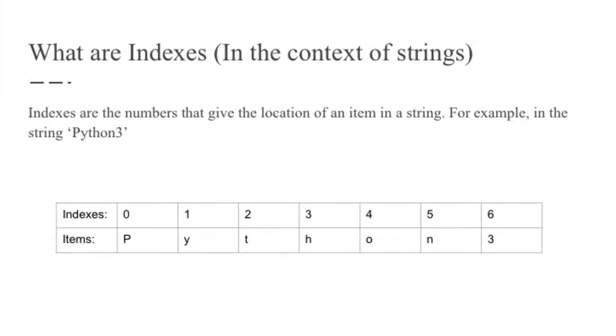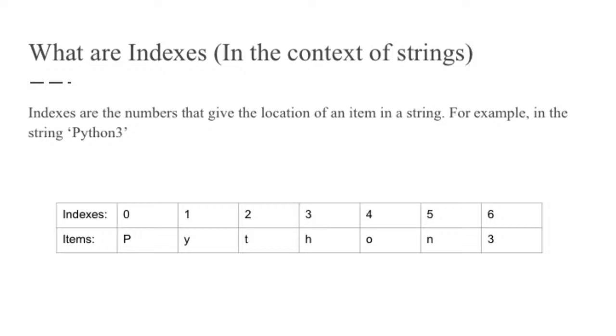Now you have noticed that we have different characters, and Python assigns an index to them, each of them a number, and it starts from 0. In this case, let's take the example Python 3. Indexes, as in these numbers, give the location of a character, an item, in a string.